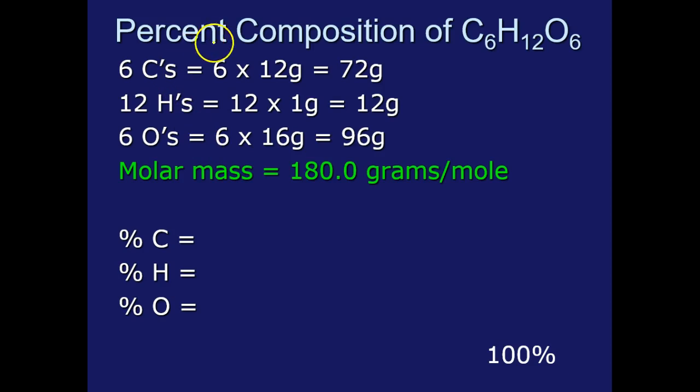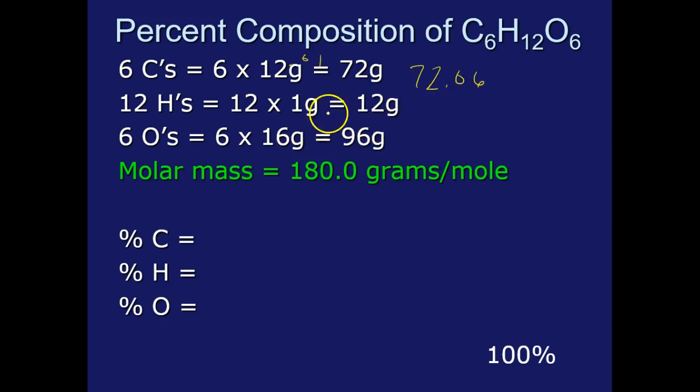All right, so again, we have the percent composition of C6H12O6. When you do your molar mass, and this has been done for you, you have 6 carbons at 12.01, so this should be 72.06.